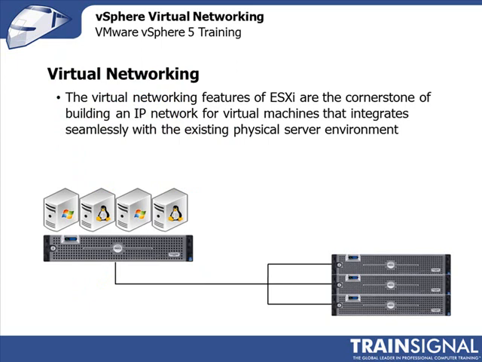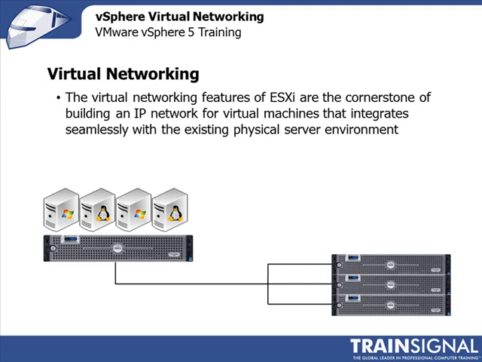So what is virtual networking and why do we need it? Virtual networking, in its purest form, is simply the building block or the cornerstone of an IP network that's built primarily for virtual machines. This virtual IP network that we're building is going to help connect those virtual machines to the physical network.